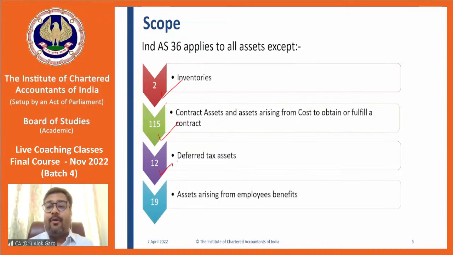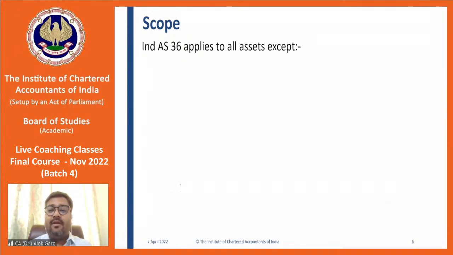Assets arising from employee benefits. For example, there are plan assets, right? For gratuity, you have created plan assets. And since the market is declining, the value of the plan asset has declined. The decline in the plan asset has to be taken care of as per Ind AS 19, not as per Ind AS 36. Okay.